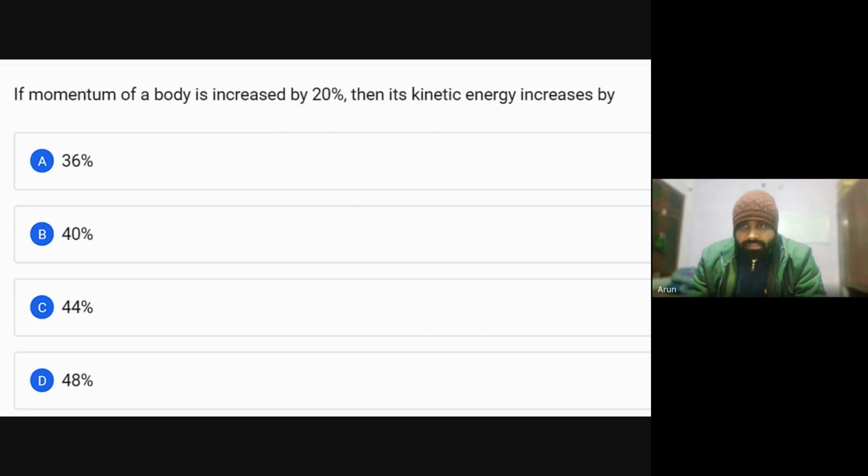Now, this question, if you will see: if momentum of a body is increased by 20%, then its kinetic energy increases by.